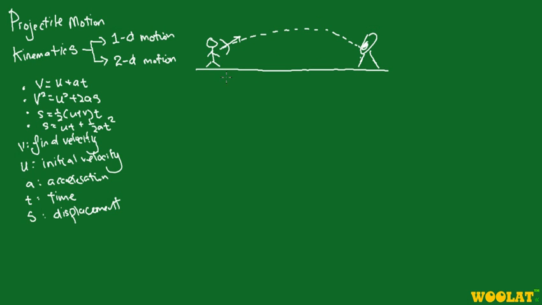Okay, let's give you some quantities to deal with. Say the distance is 100 meters, and the angle of projection, theta, is 30 degrees. The question could be: how long is the journey of the arrow?